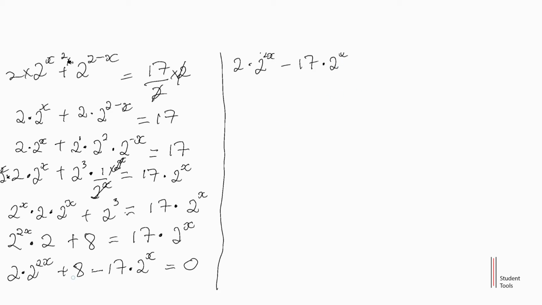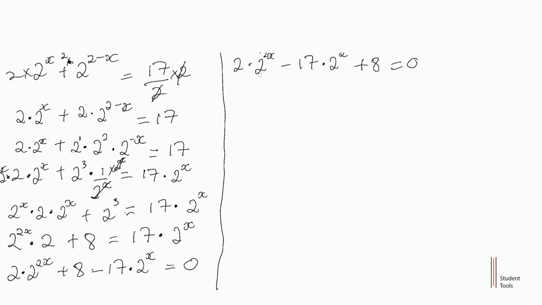And then we bring back the plus 8 equal to 0. Okay, now we have something that looks like this, but there's nothing much we can do, not unless we make it look like this.